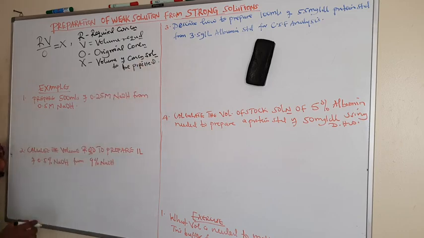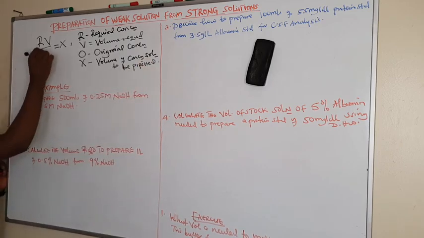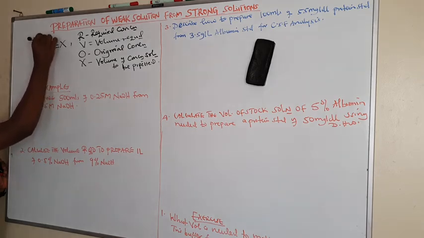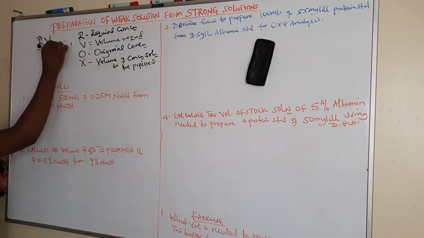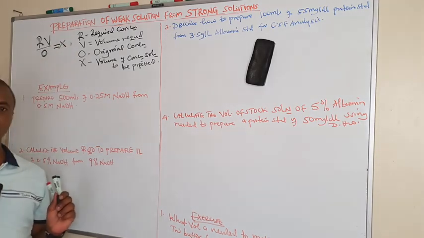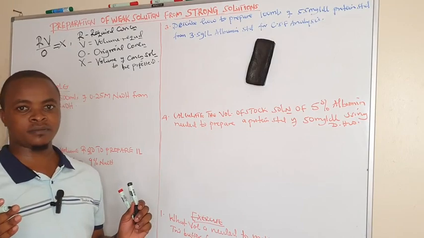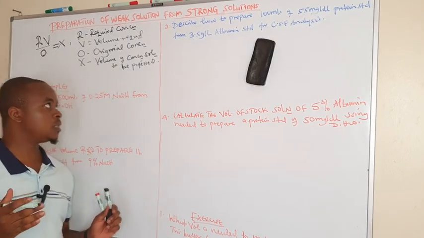So this is how I can describe these letters using RV over O. R stands for required concentration, V stands for required volume, the volume you want to prepare in the lab for use.